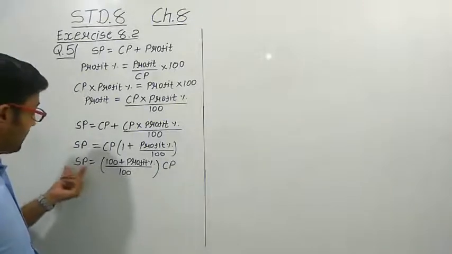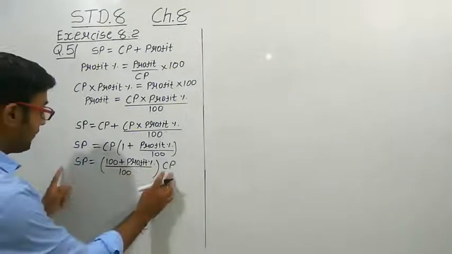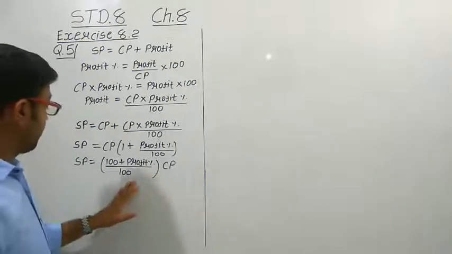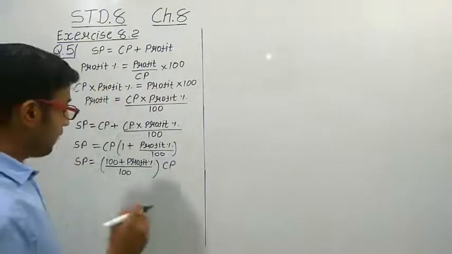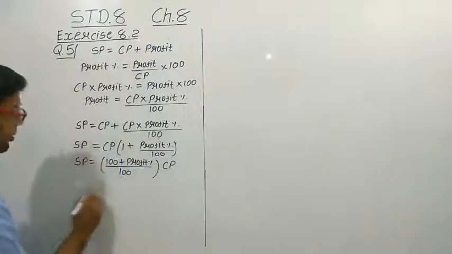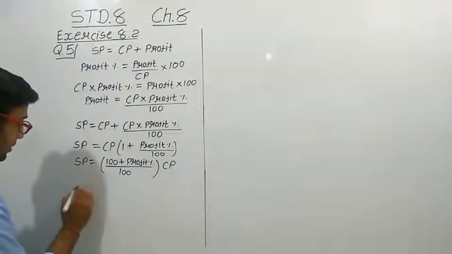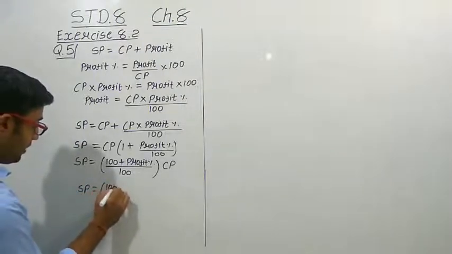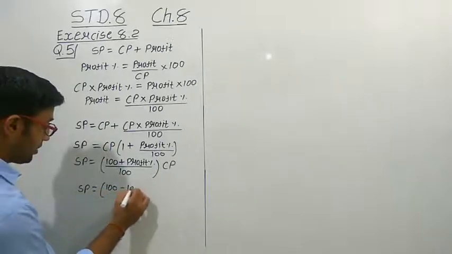If we are given the selling price and profit percentage, we can find the cost price. The same formula we can write for the loss. Whenever there is a loss, the selling price will be equal to 100 minus loss percentage.